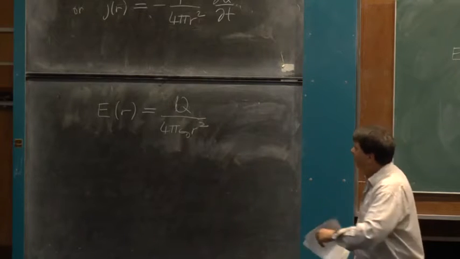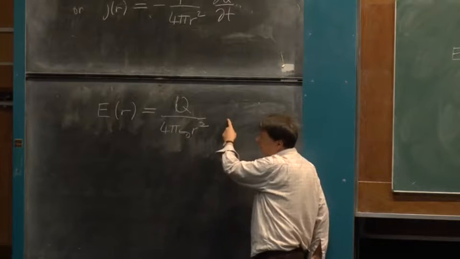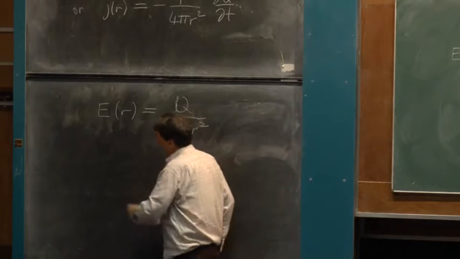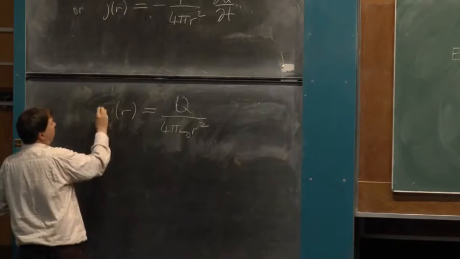And if I put a test charge, say that was Q1, and I put a test charge Q2 into this field, I'm using E as an abbreviation for the modulus of E. Let's just leave it like that.